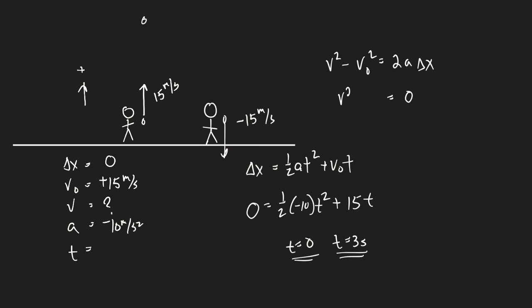So, v squared equals v naught squared. You have to be careful. Plus or minus a square root of v naught squared, which means plus or minus v naught. Choose correctly. The answer is not positive 15. The ball is traveling in the opposite direction. It's downwards when it reaches your hand.